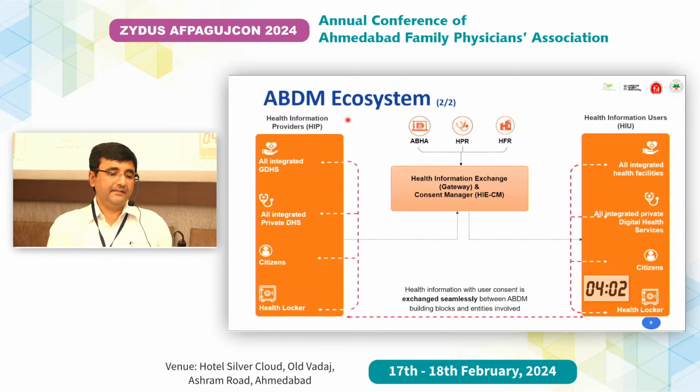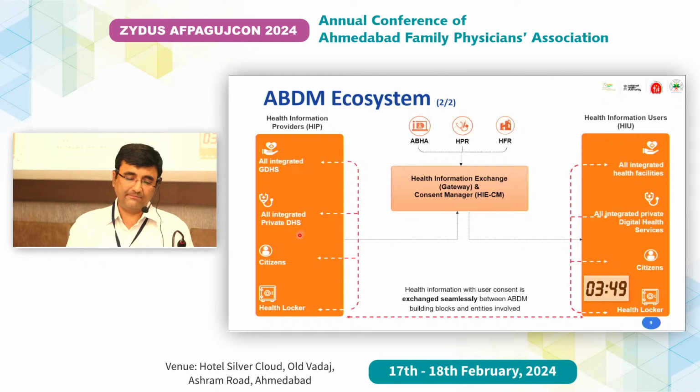Who can be the health information provider? Any government digital health system may be a health information provider. Any private integrated health information system can also be a health information provider. The citizen can also be an information provider when giving data to the physician or the lab.